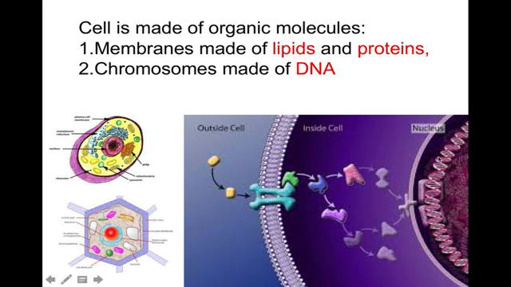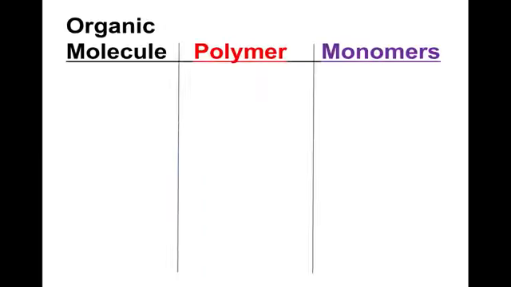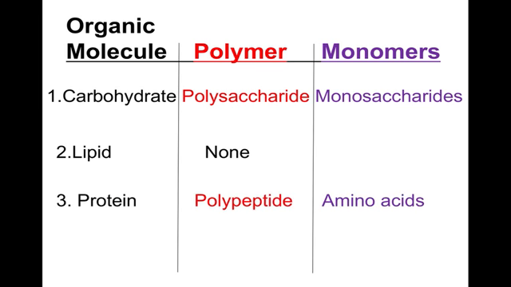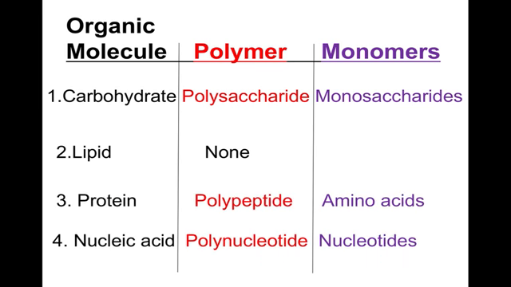Our genetic material is made of a substance called DNA, just like our clothes are made of cotton or acrylic. Our chromosomes are made of DNA. So the 4 classes of organic molecules are carbohydrates, lipids, proteins, and nucleic acids.